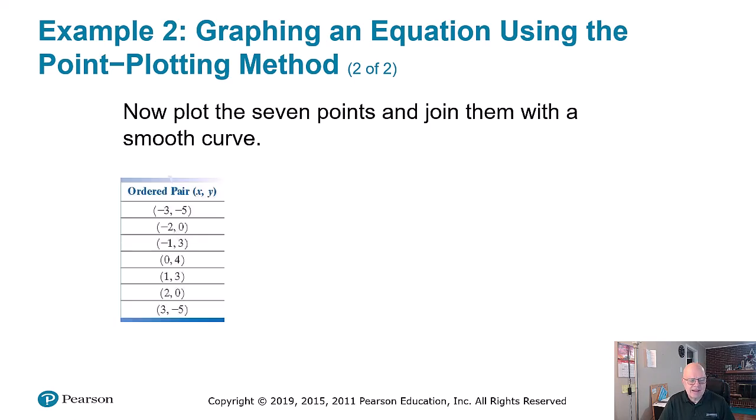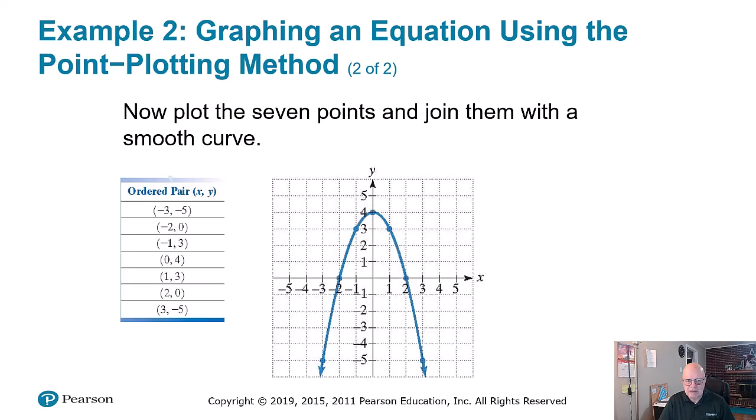In this case, this is what we had, -3, -5, -2, 0, and so on, those 7 points. Plotted, there we go, those are the 7 points. And smooth in what we can tell is the curve. It's not a straight line, so of course you have to use your artistic ability, whatever exists in you, and create that smooth line.